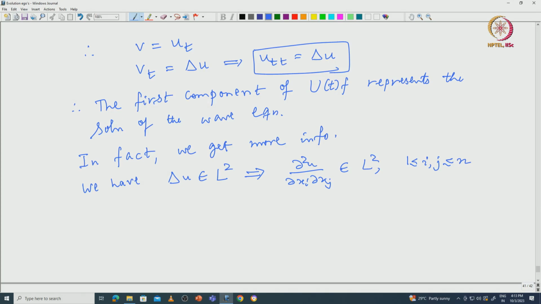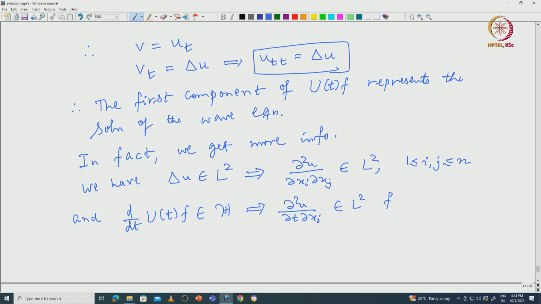And d by dt of u, this is again in the Hilbert space H, and that implies del square u by del t del xi are also in L2.